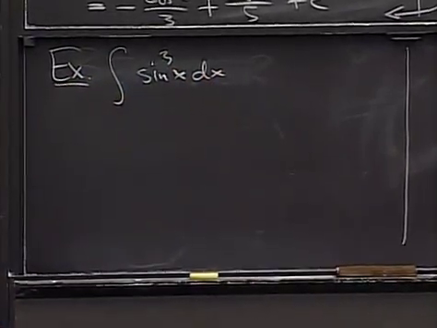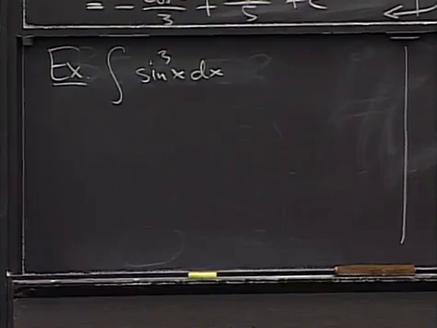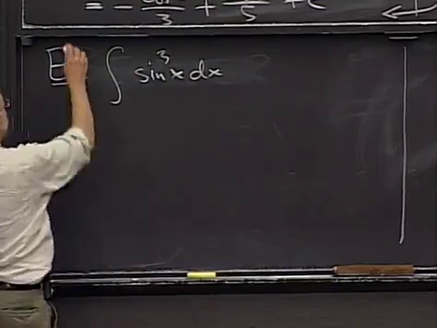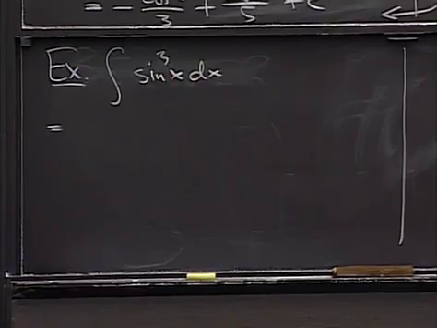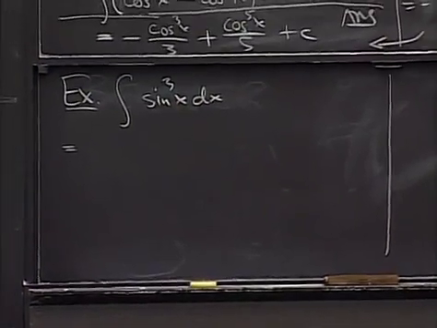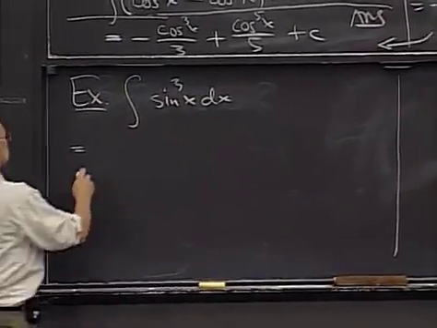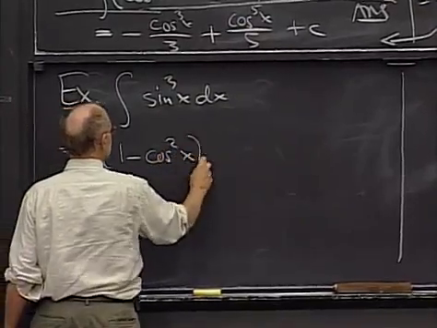No cosine in sight, but I do have an odd power of a trig function, of a sine or cosine, so I'm in the easy case, and the procedure that I was suggesting says I want to take out the largest even power that I can from the sine cubed, so I'll take that out, that's a sine squared, and write it as 1 minus cosine squared.